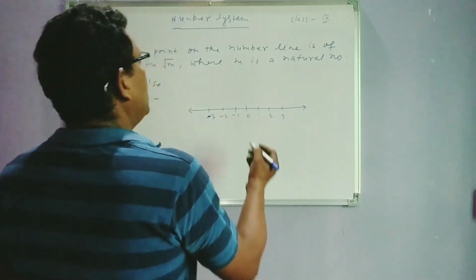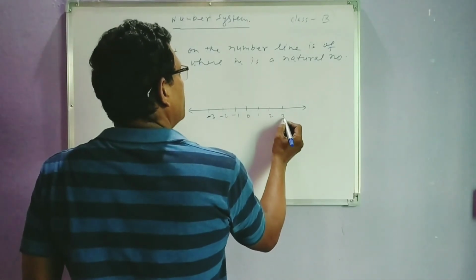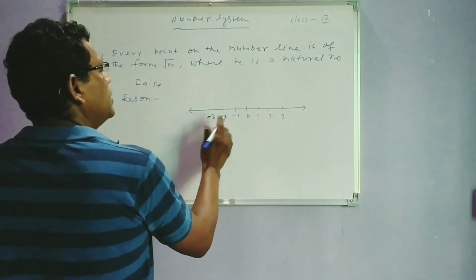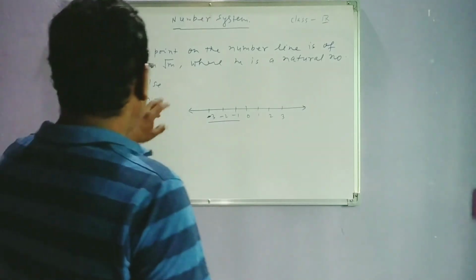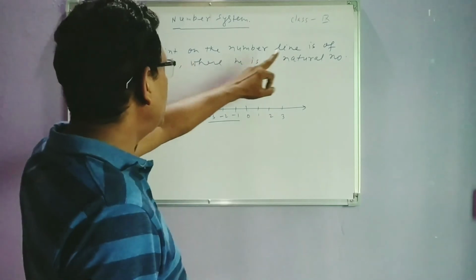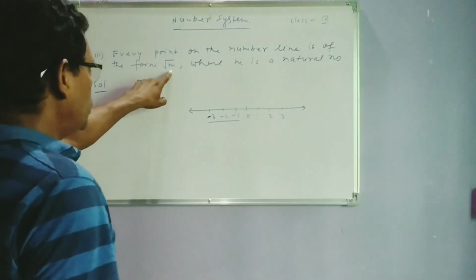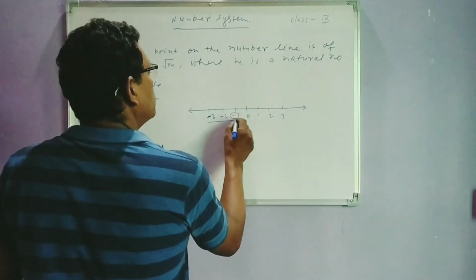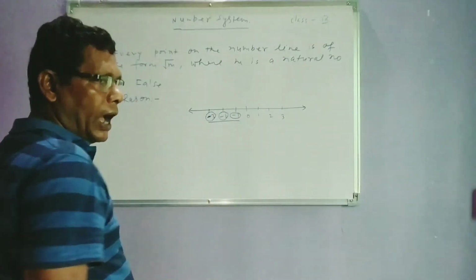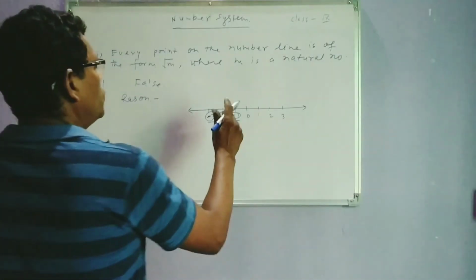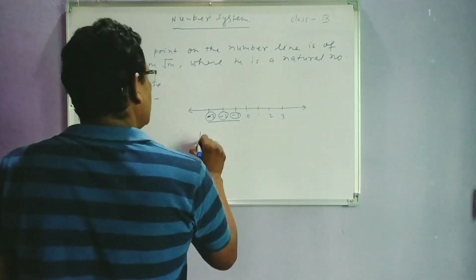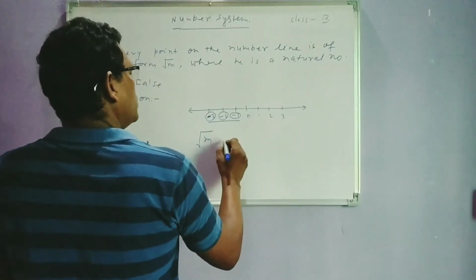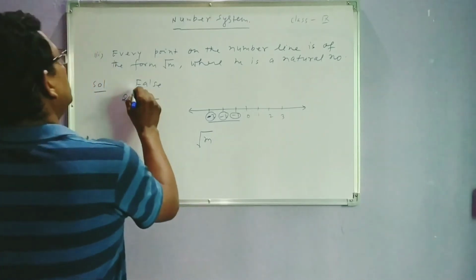Here we see natural number 1, 2, 3. But to the left we are seeing minus 1, minus 2, minus 3. This is negative number. But question says every point on the number line is of the form root m, where m is a natural number. But minus 1, minus 2, minus 3 are not natural numbers. So every point cannot be represented in the form root m.